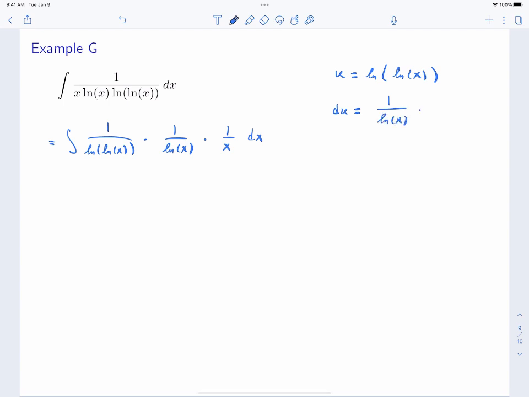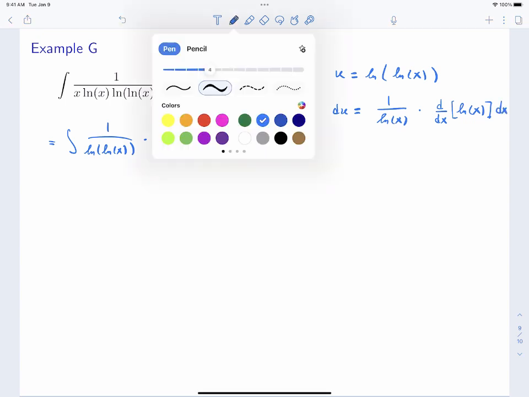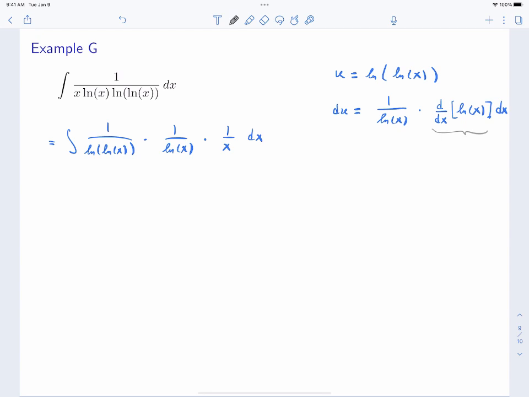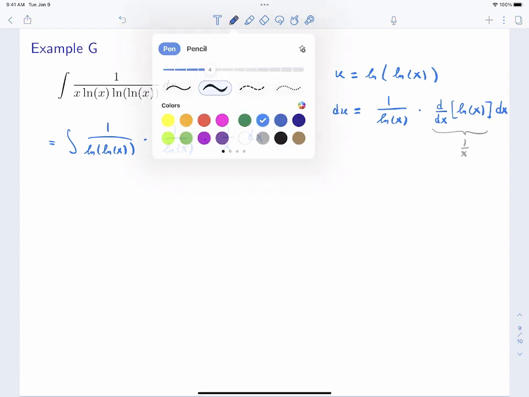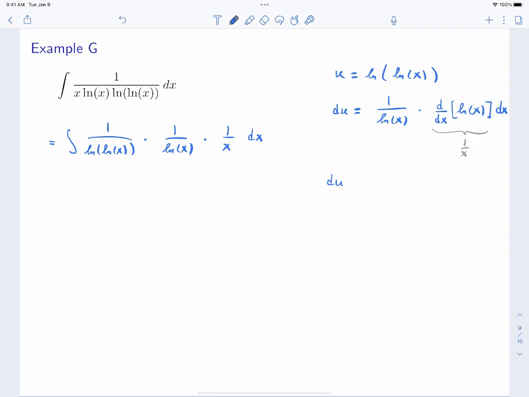But then you have to multiply by the derivative of that thing, which in this case is another ln of x dx. Well, what do we have here? We have the derivative of ln of x, that's 1 over x. So that tells us that du is equal to 1 over ln of x times 1 over x dx.